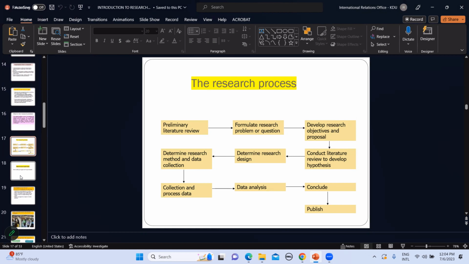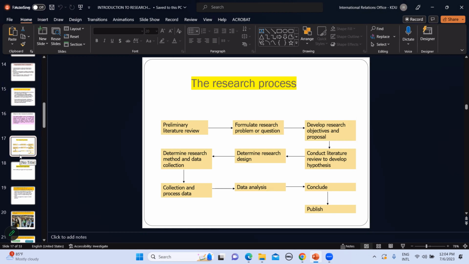Then the research process. Actually, to do the research, there is no standard methodology. But there are some ways. You should not do it one by one. This is the research, okay? But somehow you have to do these activities.